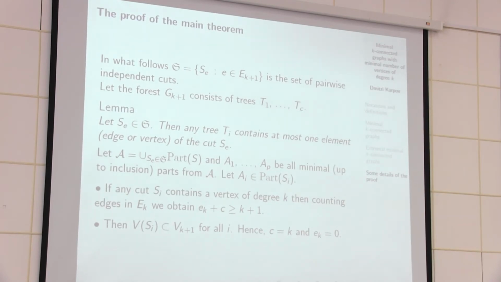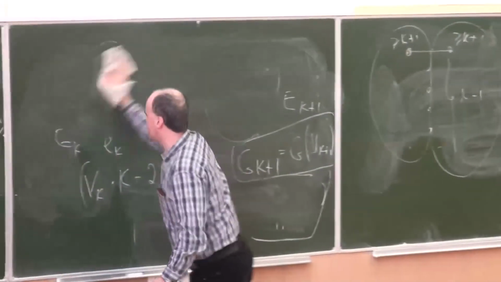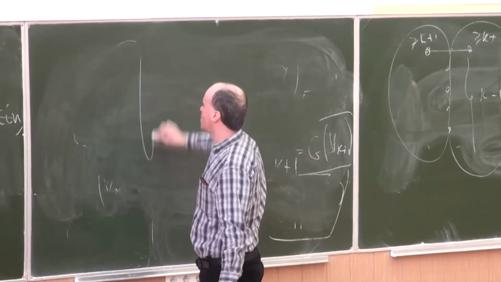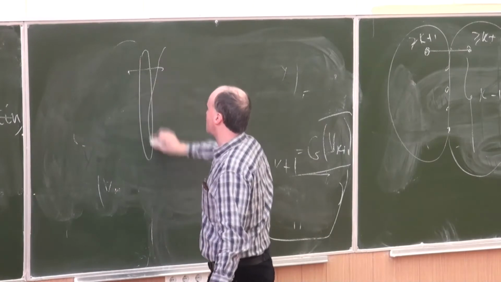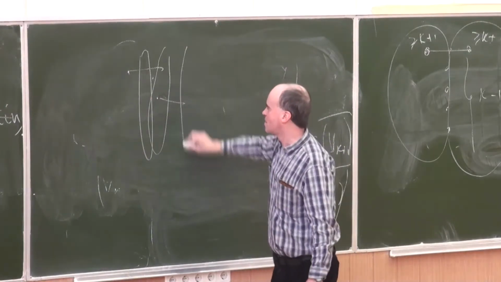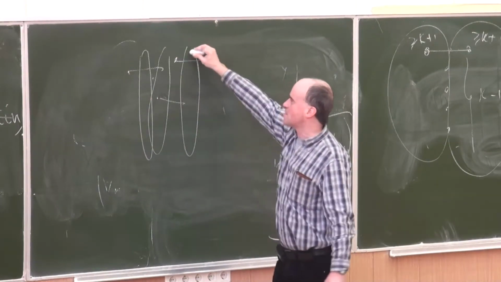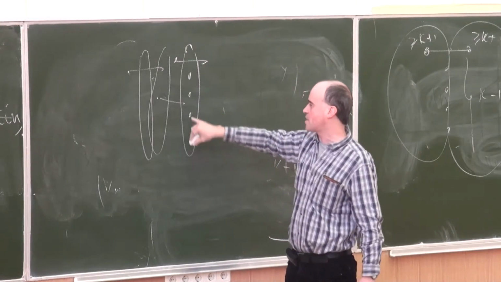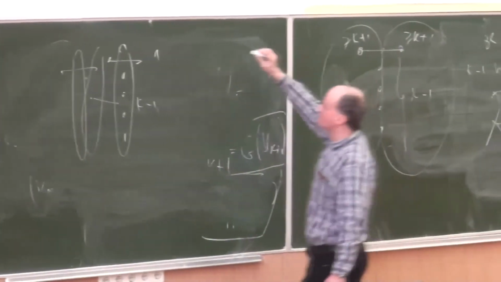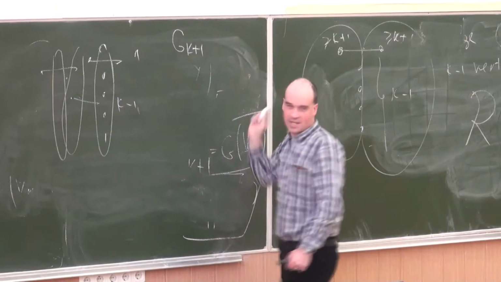The next step is such a lemma. Rather more trivial than the previous one. Short picture. Here are our independent cuts. Let us look at any of them. It has k minus 1 vertices and 1 edge. The graph is a collection of some trees.